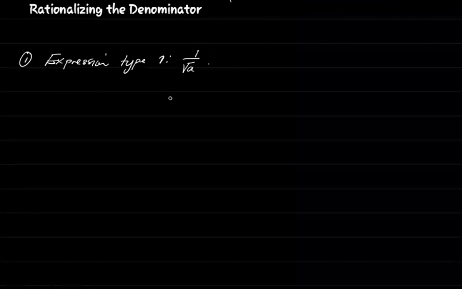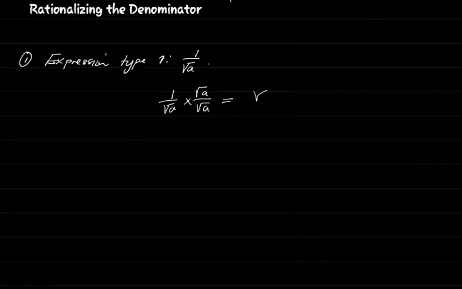Why? What do you mean? So you multiply both the numerator and the denominator by root of a, so we're going to say root of a over root of a. And this will give you 1 times root of a, which is root of a, over root of a times root of a. From the previous video, if you watched it, this will just be a. Now the denominator has no surd. It has been eliminated.